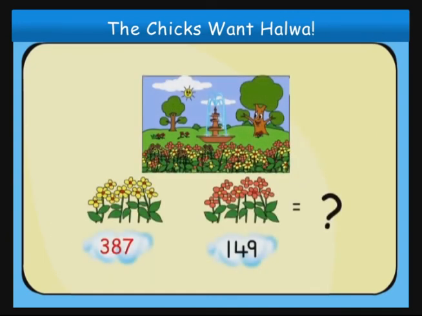There are 387 yellow flowers in a garden. There are 149 red flowers in that garden.